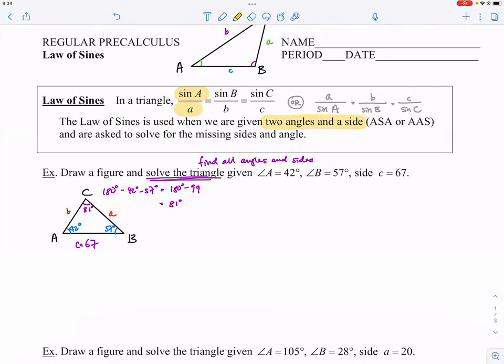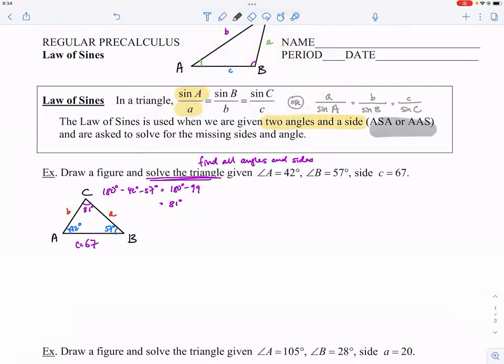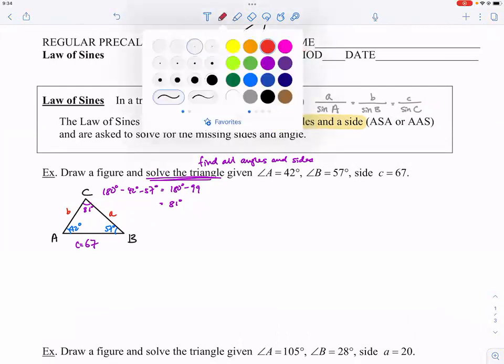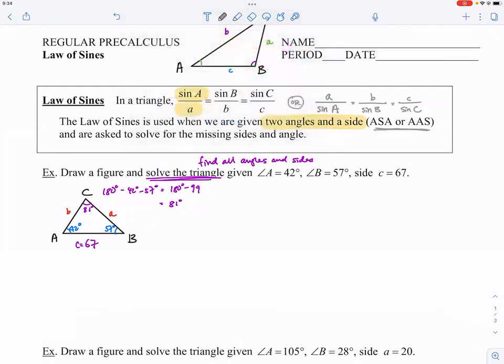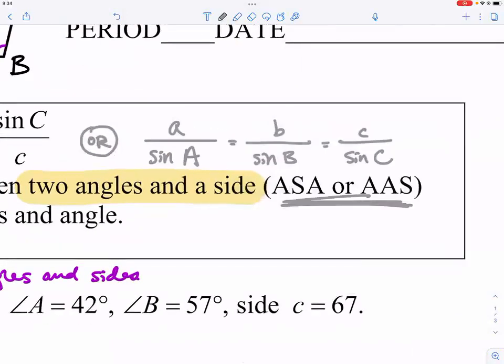And I would also like to tell you that I am not a big fan of this, for two reasons. One, if you memorize these two, the ASA or AAS, it's so easy to get confused.